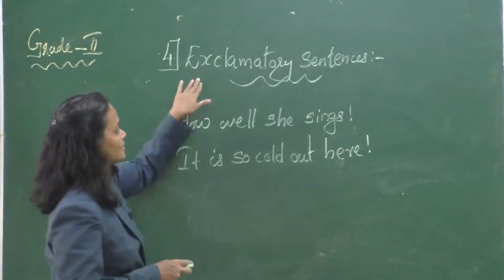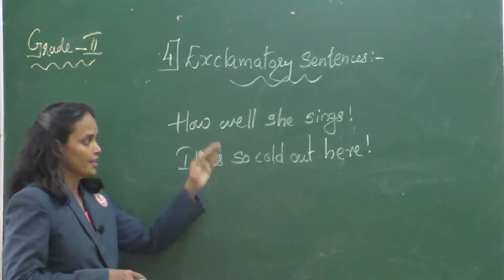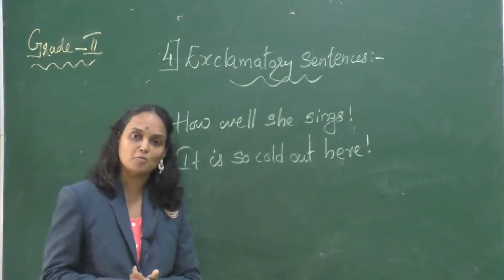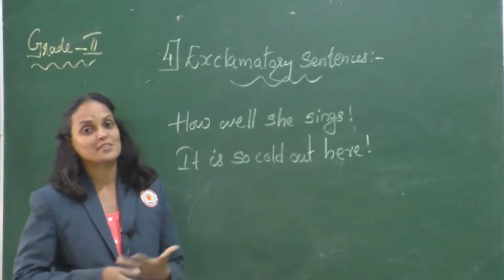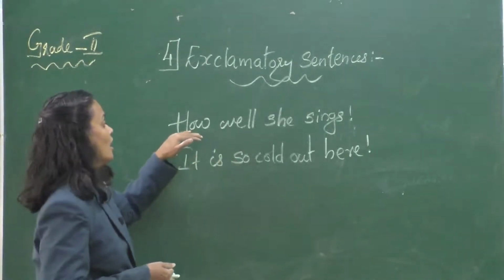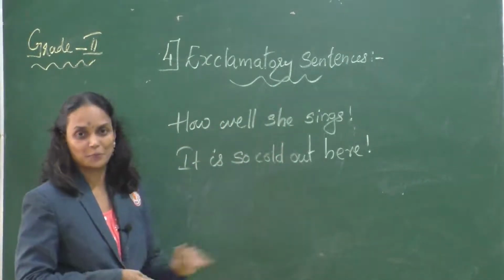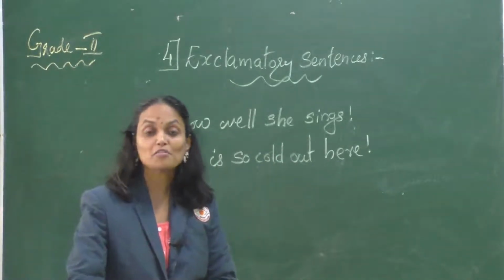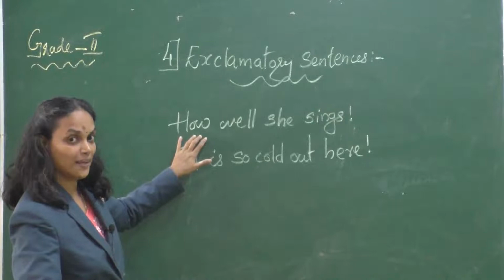Next one is exclamatory sentences. Each and every exclamatory sentence expresses strong feelings and emotions. It expresses fear, excitement, extreme happiness, etc. Now let's go through these two sentences. How well she sings! It's so cold out here! These kinds of sentences express our strong feelings. And children, look at the sentences. How do they end?